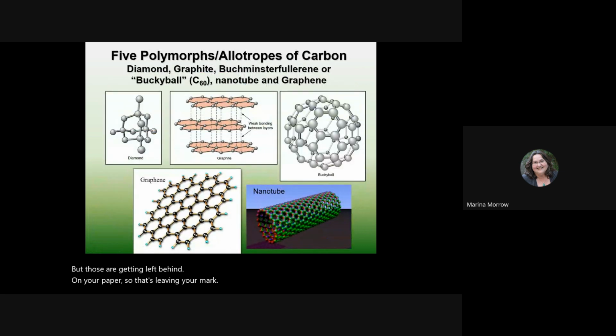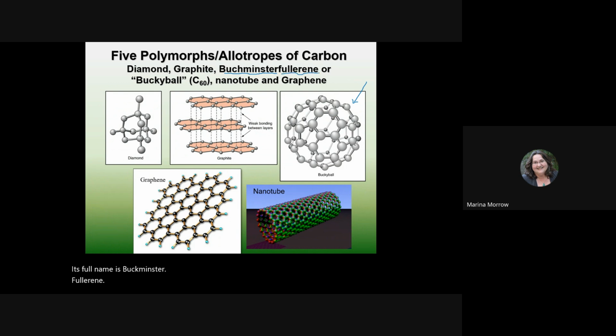Okay, now, a few years ago, people started to look into what else could carbon do. They started to look in soot, and they found that carbon could take on several other very interesting forms. So we talked about diamonds and graphite, but this strange thing is called the buckyball. Its full name is Buckminster fullerene.